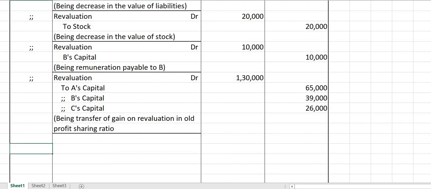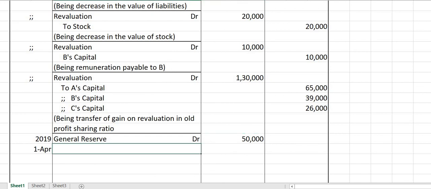Then come the journal entries for the capital account. On the same date, 2019 April 1st, general reserve is transferred to partners' capital. General reserve, the amount was 50,000.